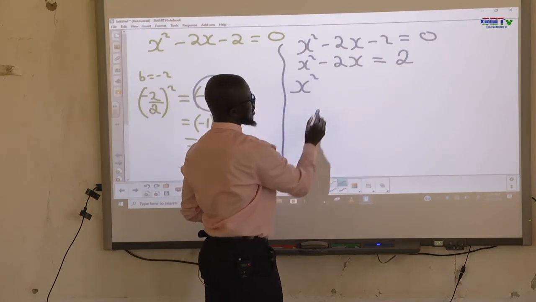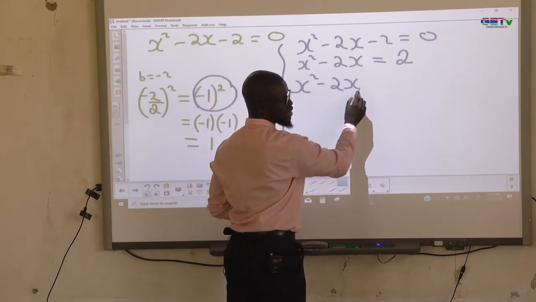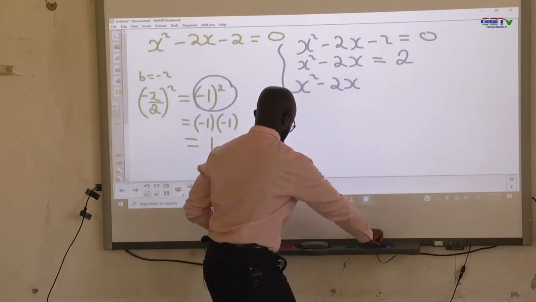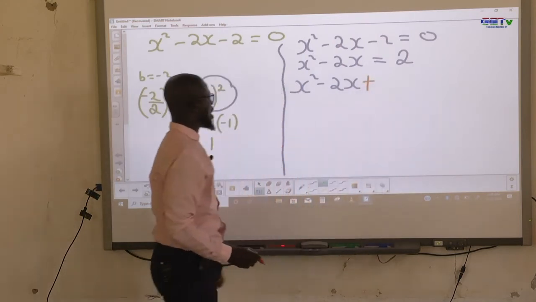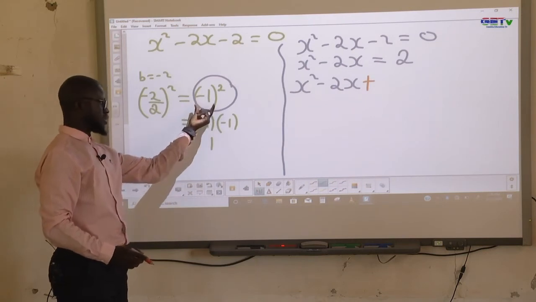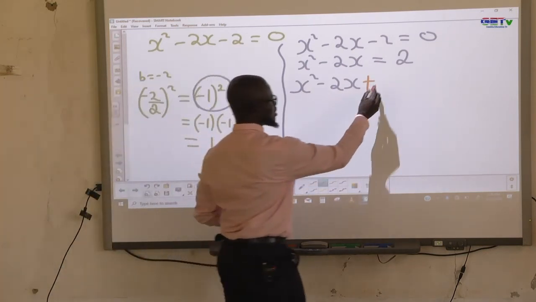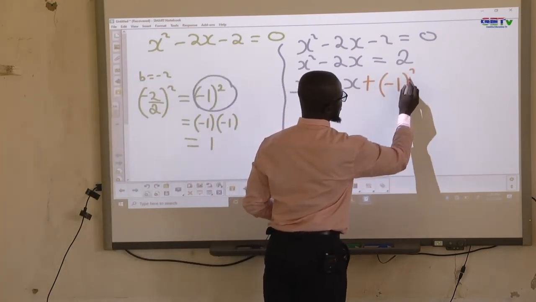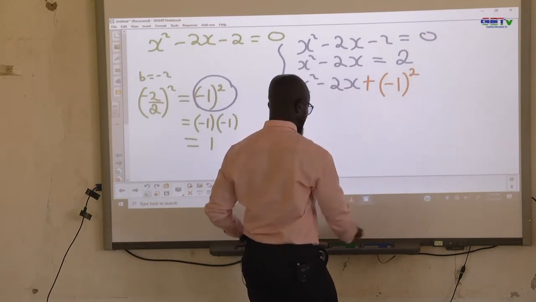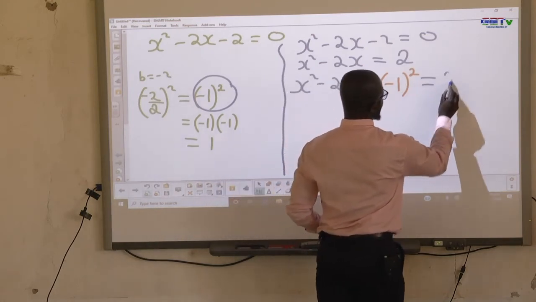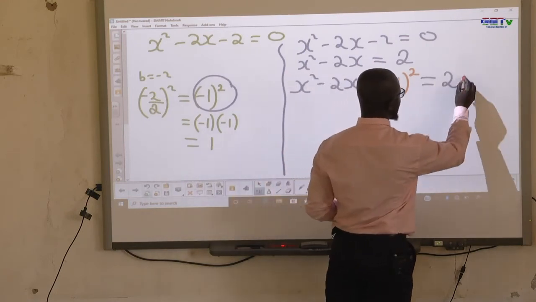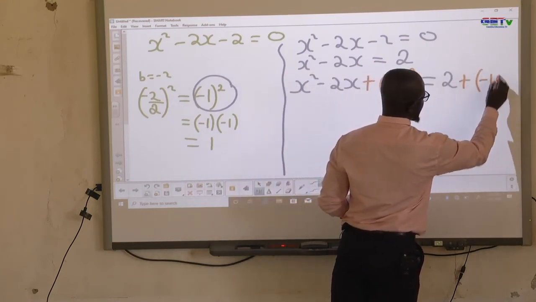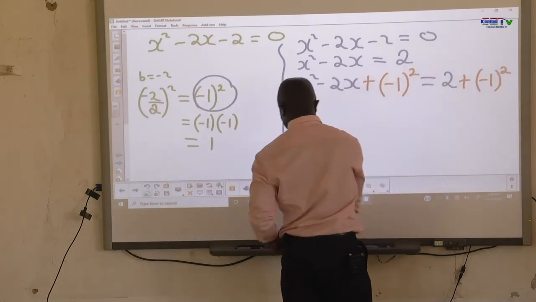X squared minus 2x, I'm now adding to the left hand side, is going to be plus negative 1 all squared equals 2. Again, we add the same thing to the right hand side, and that will give us plus in bracket negative 1 all squared.